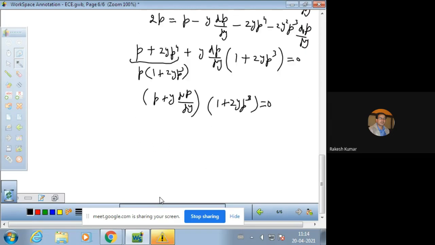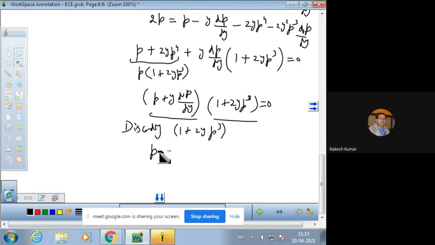Now you know that the multiplication of these two terms is equal to 0. This term will not give you any solution. So discarding the factor 1 plus 2y p cube, we shall have p plus y dp over dy is equal to 0.